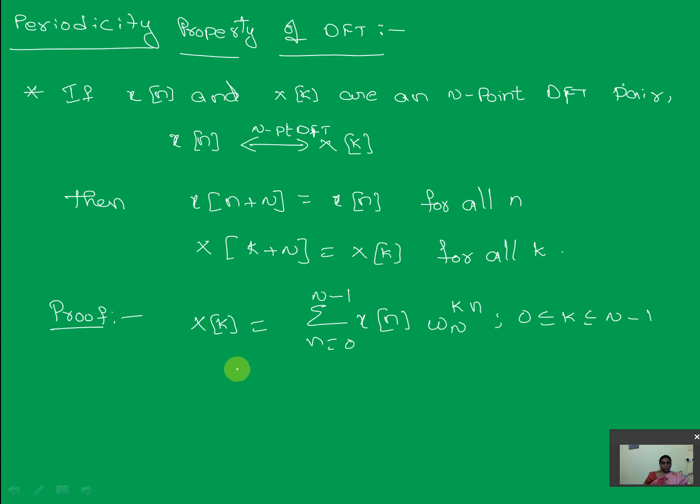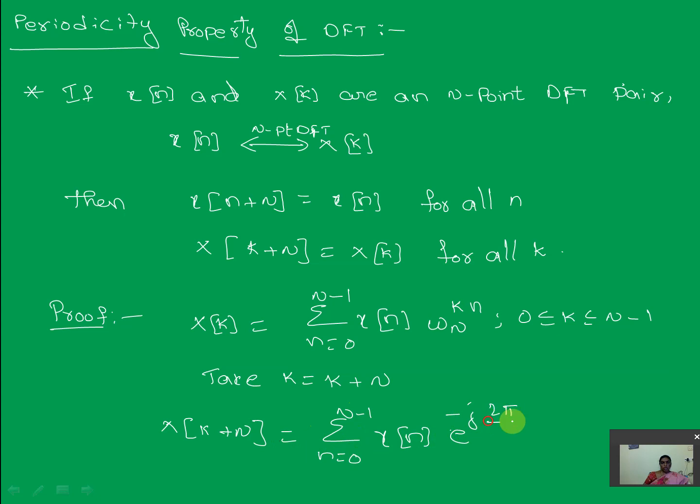So here take k as k plus N, where W_N power kn is e power minus j 2 pi by N kn.